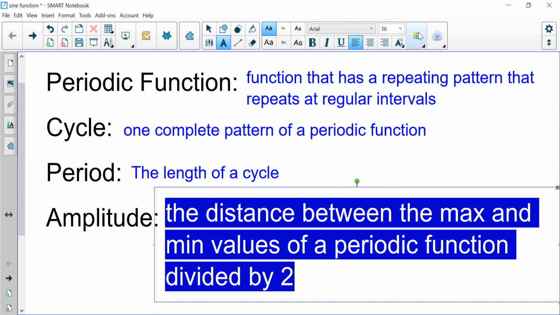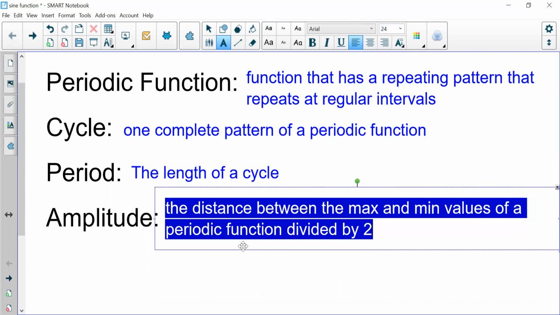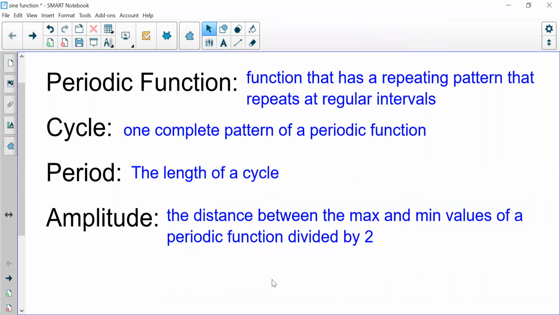So it's half the distance between the maximum and the minimum values. You'll see it in a graph, it's a lot easier to see. By the definition, it's like, what's happening here?